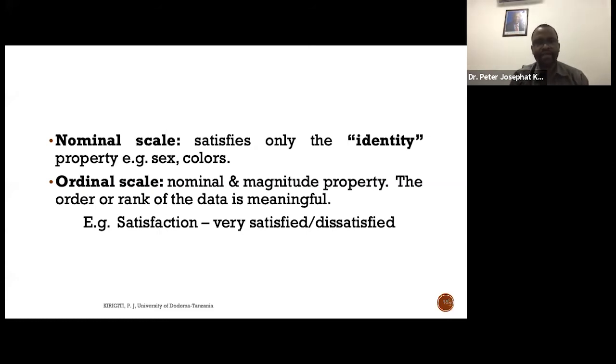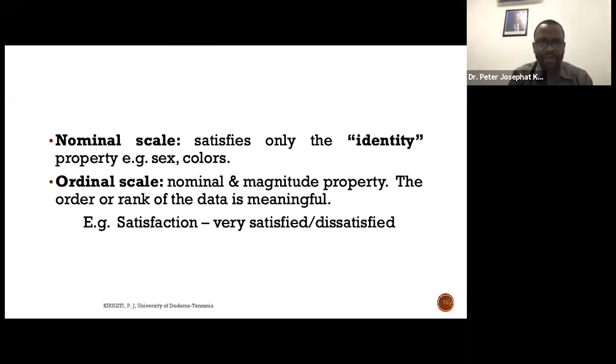That means if we have a variable on an ordinal scale, it satisfies 2 properties. As I have already mentioned, if you are talking about satisfaction, you can have a kind of Likert scale, and in a Likert scale there is a certain order. So if we have that kind of variable, then we have an ordinal scale.